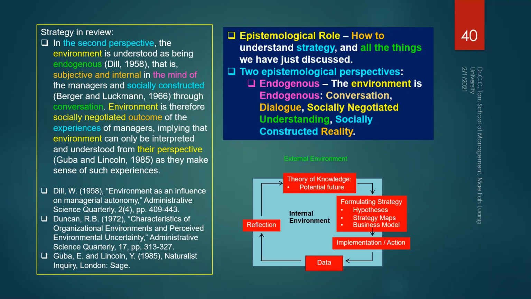And that means we are in control of the environment, indirectly or directly. That is called endogenous: something you are in control of, where there are some enactment possibilities. So the environment is endogenous. A conversation is going on, a dialogue is going on, socially negotiated between you and the environment, a socially constructed reality.